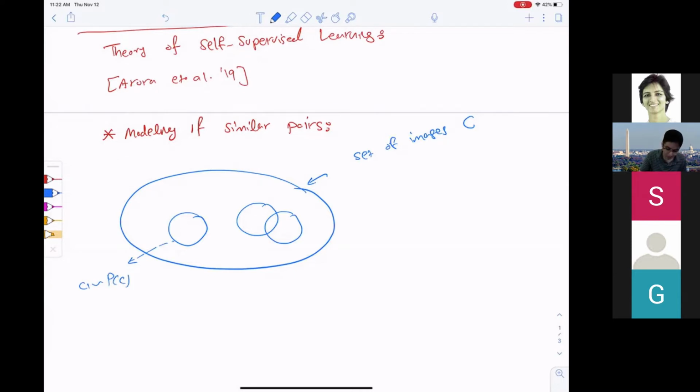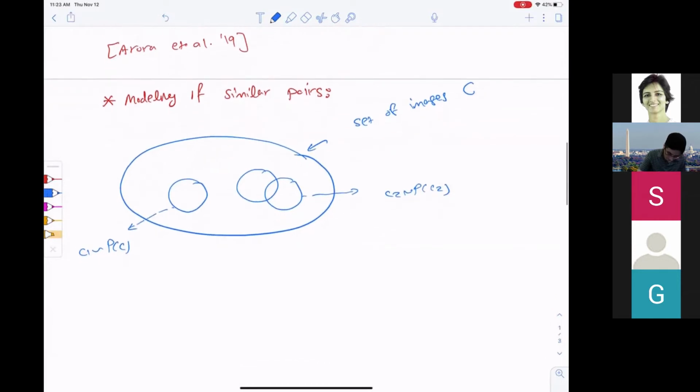With some probability, I'm going to pick an image from class C1. With some probability, I'm going to pick another class, so on and so forth. All right, so I draw one image, X, let's say from class C1, that's fine. This is one randomly observed sample that I have in my batch.